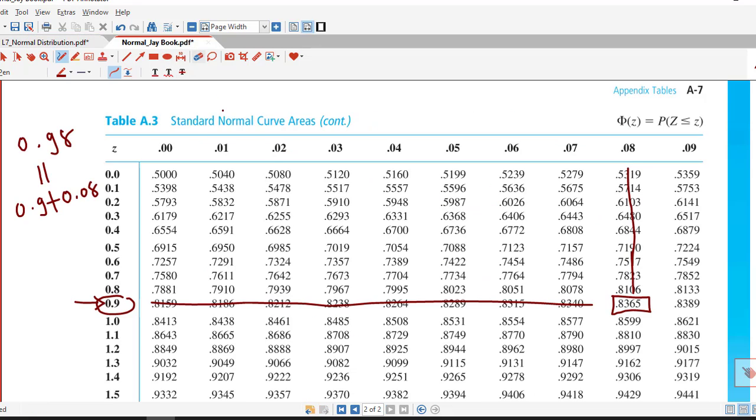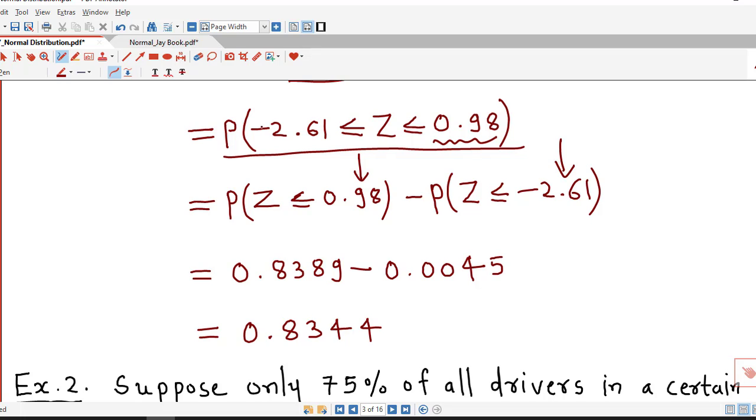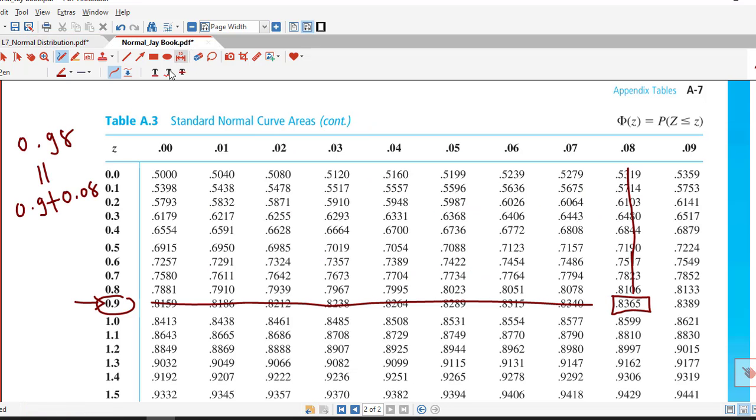Just a minute, I have to check. Okay, so it is 0.98, so we have 0.8365. So instead of this, we have to write 0.8365 minus probability that Z is less than or equal to minus 2.61.